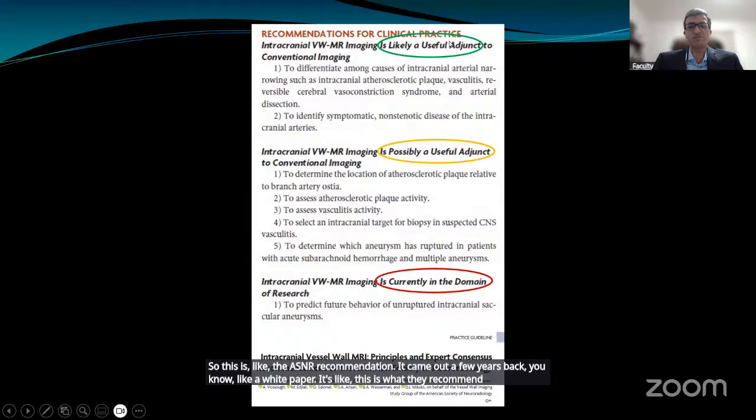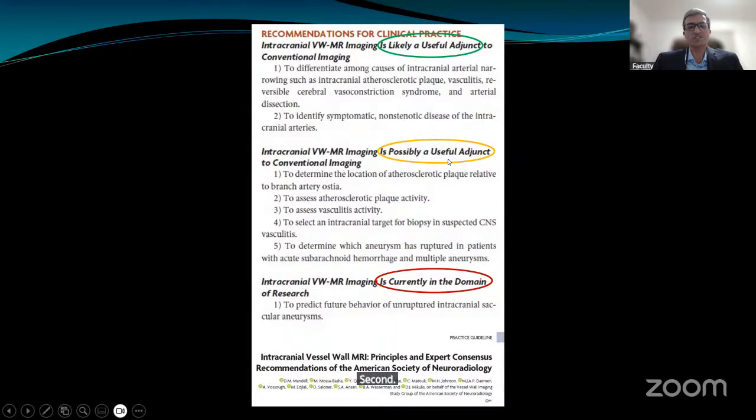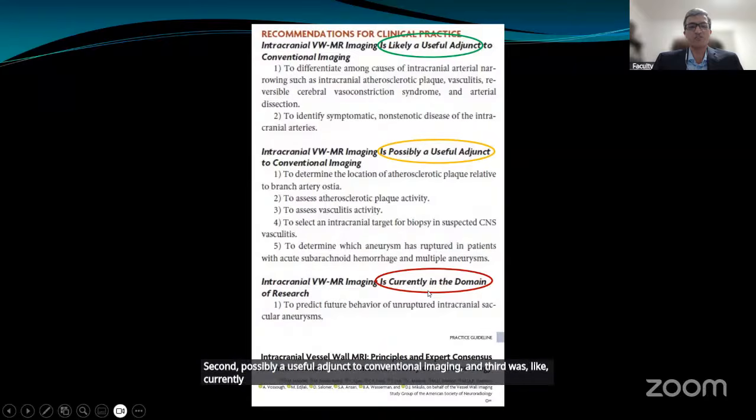They classify into 3 different categories. One, where it can be a likely useful adjunct to your conventional imaging. Second, possibly a useful adjunct to conventional imaging. And third, currently in the domain of research.